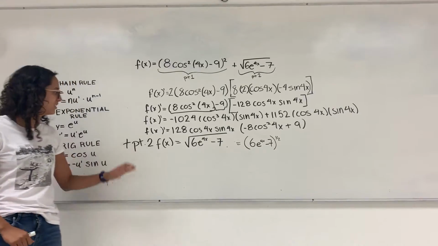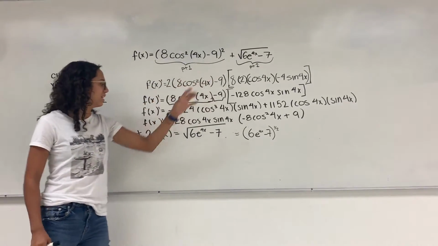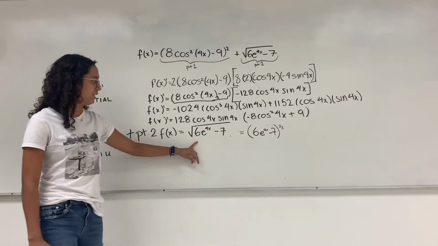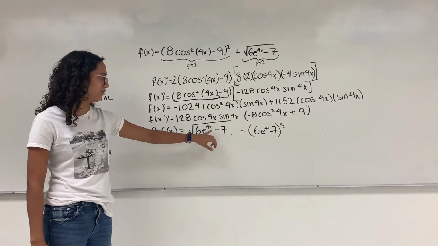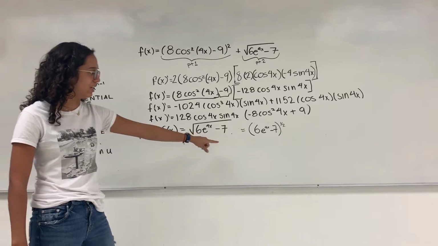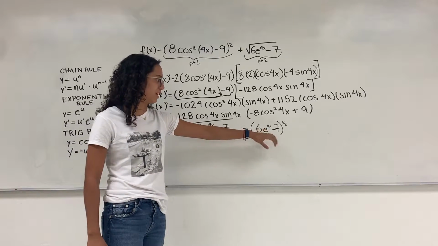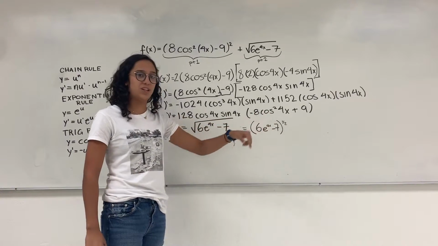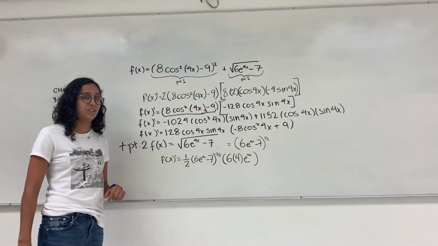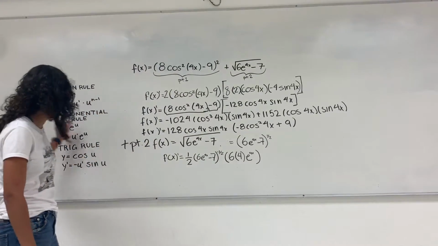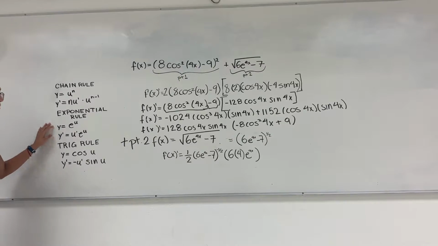We are going to start the second part of the problem, and this, the square root of 6e to the 4x minus 7, is equal to (6e^(4x) minus 7) to the 1/2. To find the derivative, we're going to use the chain rule and the exponential.